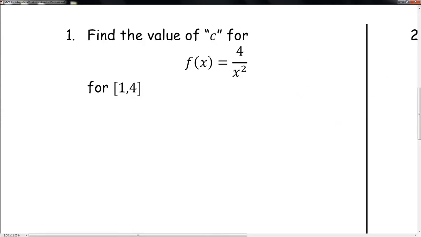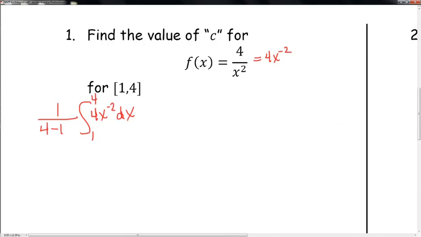Alright, number one, find the value c for f of x equals 4 over x squared from 1 to 4. I'm going to go ahead and move this up. I'm going to use the mean value theorem for integrals. So I'm going to do 1 over b minus a, so 1 over 4 minus 1, times the antiderivative from 1 to 4 of my f of x, which is 4x to the negative 2, dx.